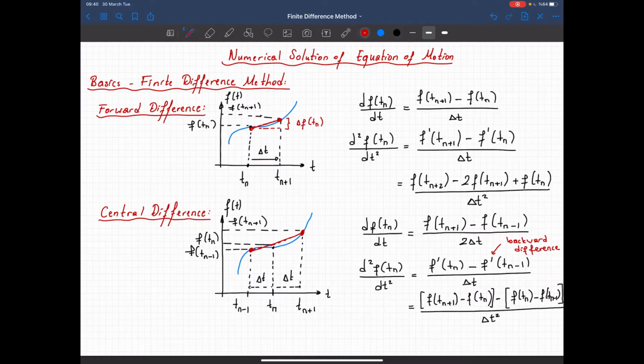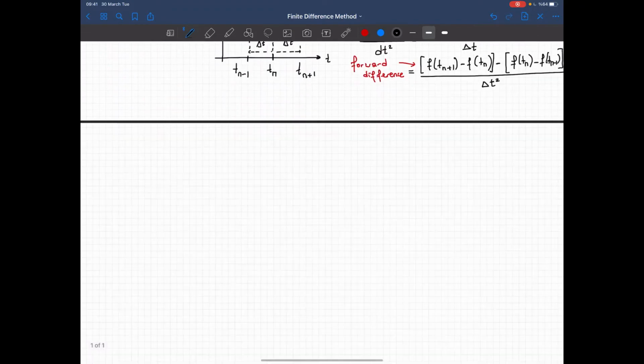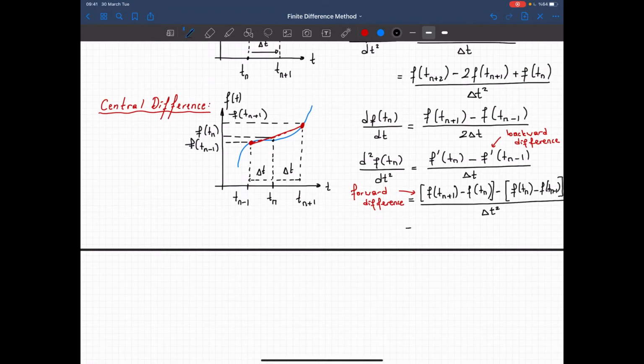So at this step I used forward difference, and as a result what I get is as follows: f Tn plus 1 minus 2f Tn plus f Tn minus 1 divided by delta t squared.